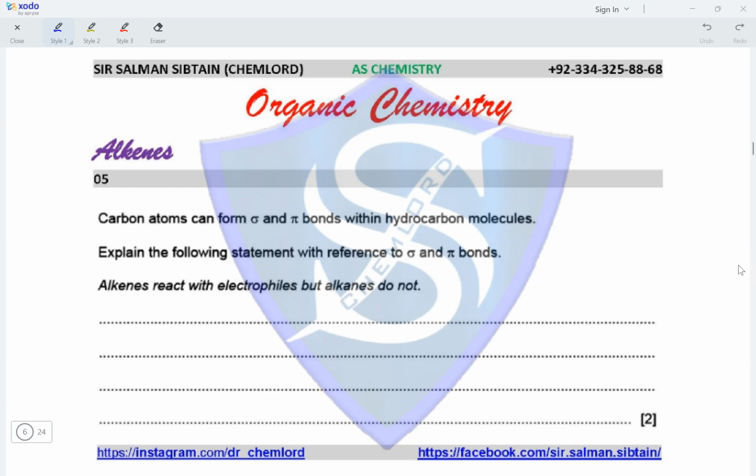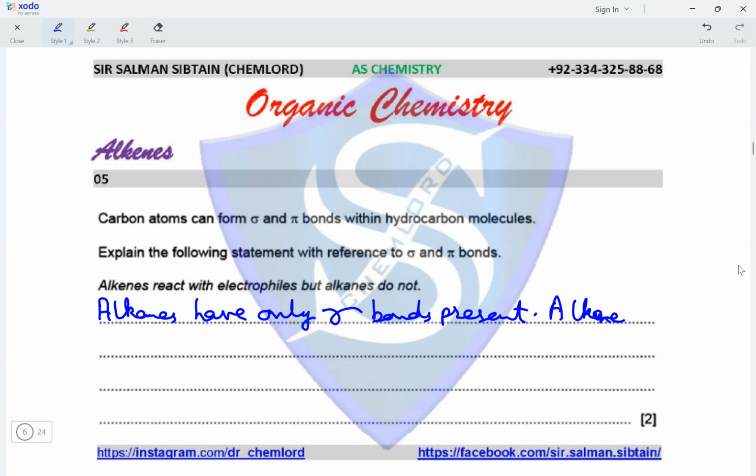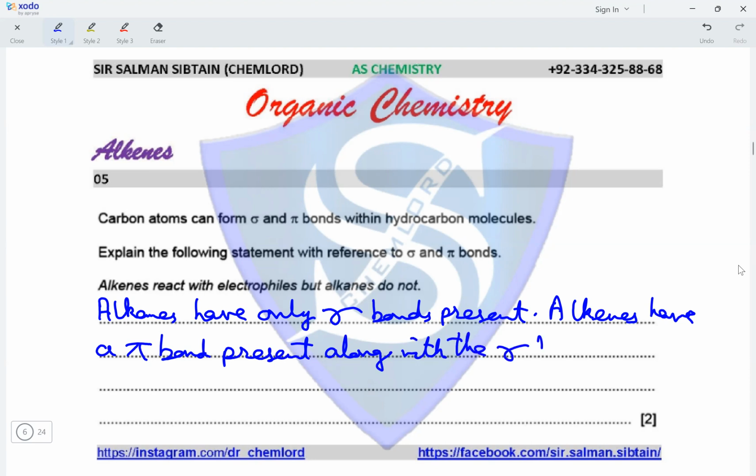So alkanes have only sigma bonds present. Alkenes have a pi bond present along with the sigma bonds.